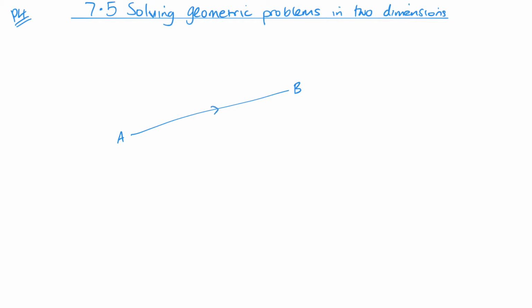Okay, so in terms of ratios, if I have a line, say the vector AB, and I put a point on that line, say point P, and say that it's in the ratio of 3 to 1, then AP is going to be 3/4 of AB, because you can see it's 3 to 1, so a total of 4 parts.